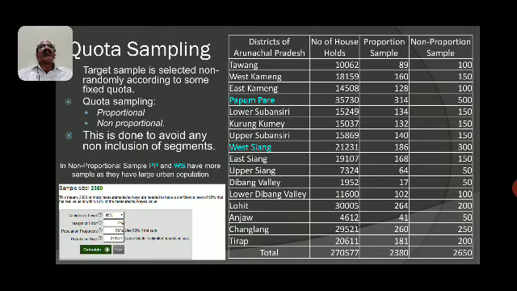Okay, so quota sampling. The target sample is selected non-randomly according to some fixed quota. So we know how much quota. Say I want 50% of this, I want 20% of this, I want another 15% of this, another 15% of that.